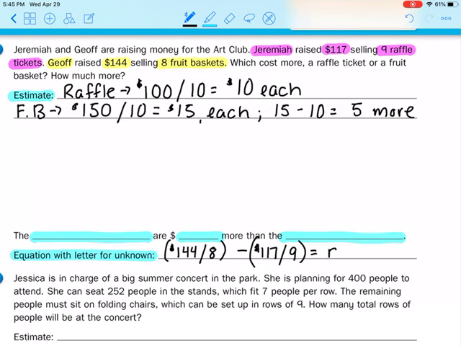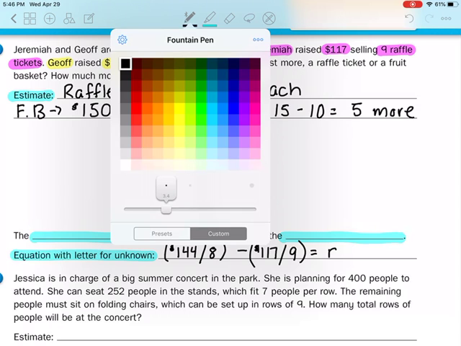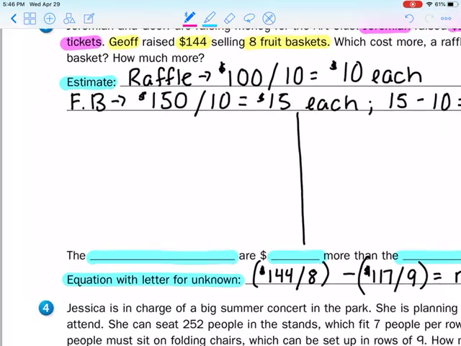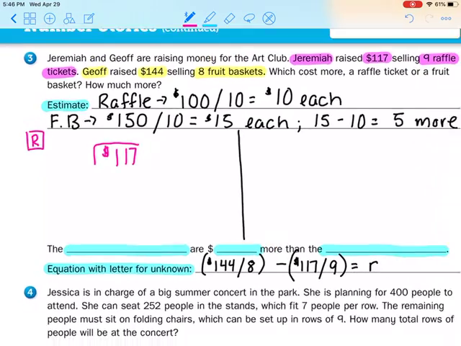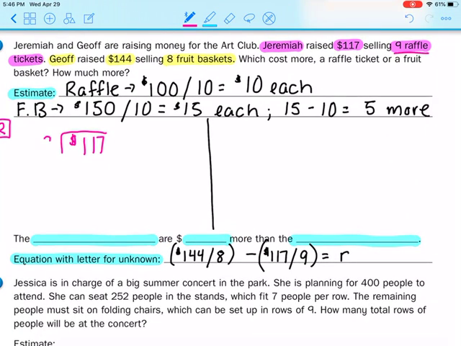All right, so now I'm going to split my work in half, and one side is going to be Jeremiah and one side is going to be Jeff. So let's do Jeremiah's first, and I'm going to put an R for raffle tickets, and he sold $117, and we want to figure out how much each raffle ticket cost, and he sold 9 raffle tickets. So 117 divided by 9. I know that 9 times 10 is 90, which is pretty close to 117.